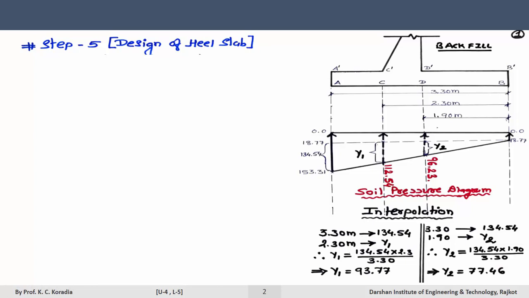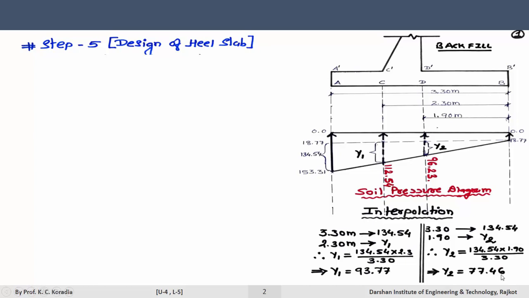In the same line of action, we will get the pressure intensity at point D. Using the same linear interpolation method, we will get a Y2 value as 77.46 kN per meter square.